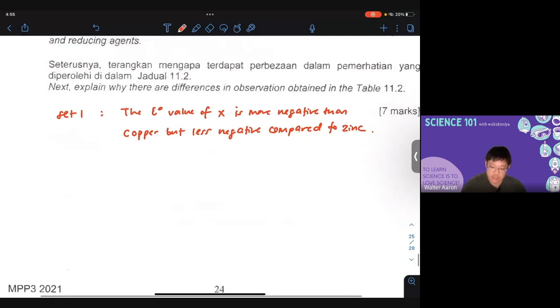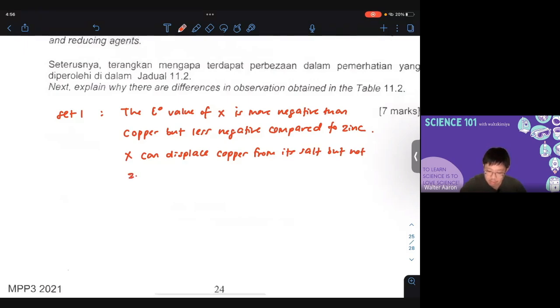Then you say here X can displace copper from its salt, but not zinc from its salt. Very simple.